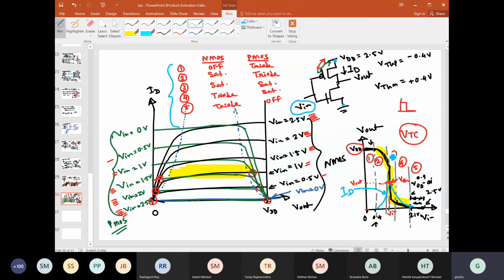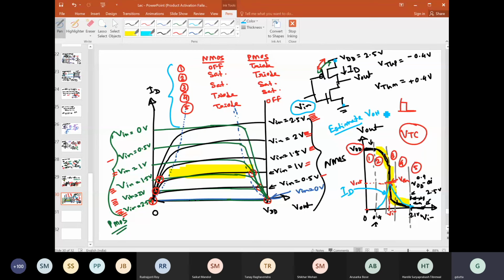I am not doing it explicitly again for the CMOS because for a couple of other inverters we have already done this, right? It is a similar exercise. So please do this exercise and try to estimate all these parameter points, right?